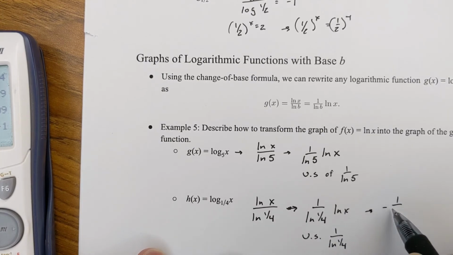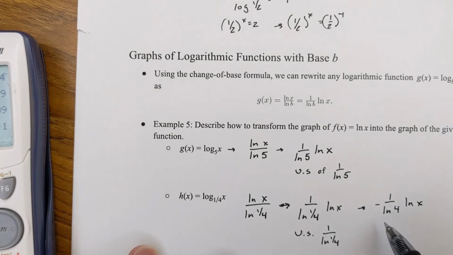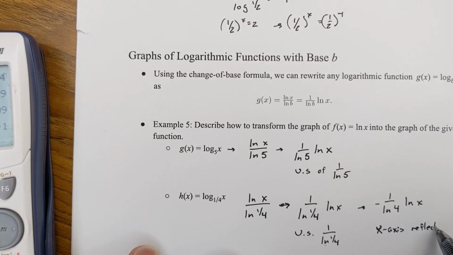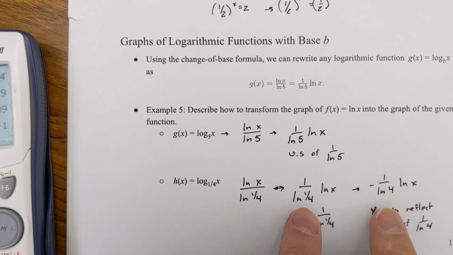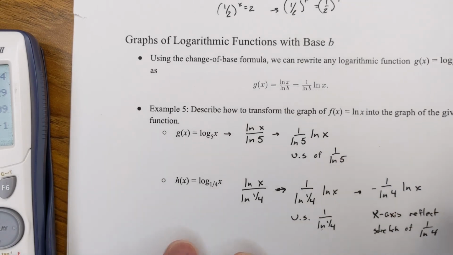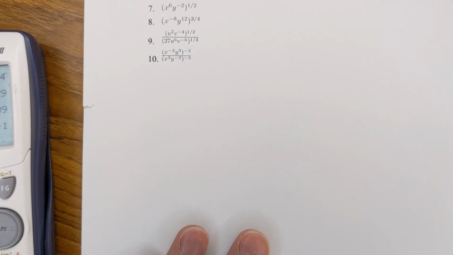So this is 1 over the negative ln 4, if you want to take the exponent rule into account. So instead of stretching by the natural log of 1/4, we'll do an x-axis reflection because of the negative sign that appears, and then a stretch of 1 over the natural log of 4, which will give you the same thing. If you graph these two equations, they will be equivalent. And that is the end of that section.